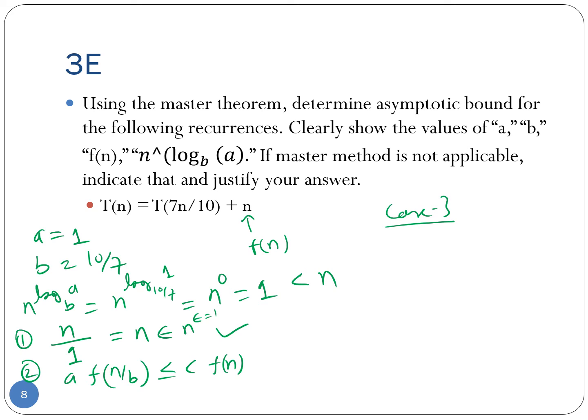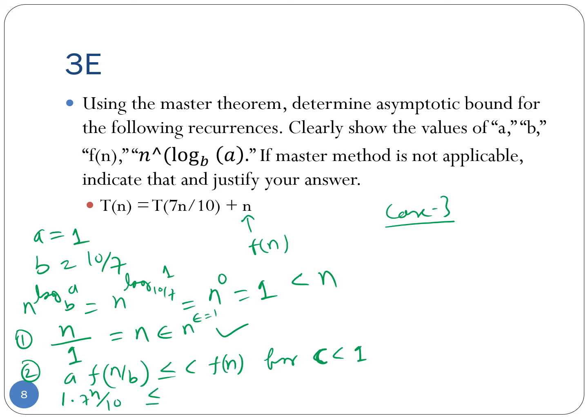So a times f of n by b should be less than or equal to c times f of n for some constant c less than 1. Okay, so let's see whether this is also true. So this is 1 into f of n, which is simply n, so n divided by b would be n divided by 10 by 7, so this 7 goes up, so you get 7n by 10.